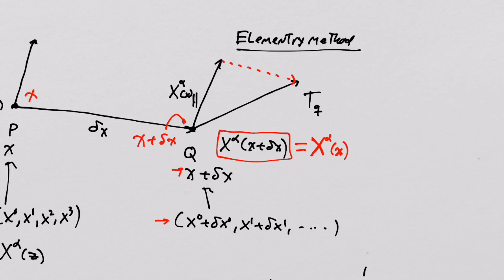So the value of the field at this nearby point is the value of the field at the original point, plus this delta x, this little increment, but it's indexed. We're going to have to index it because we're going to take the partial derivative with respect to the coordinate b in order to make this work, right?